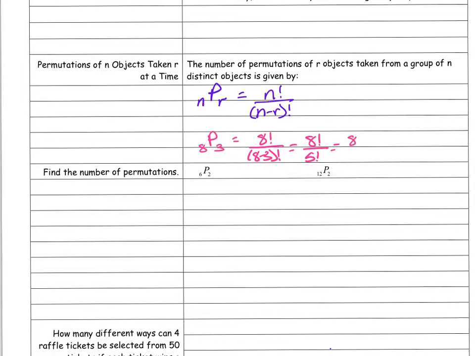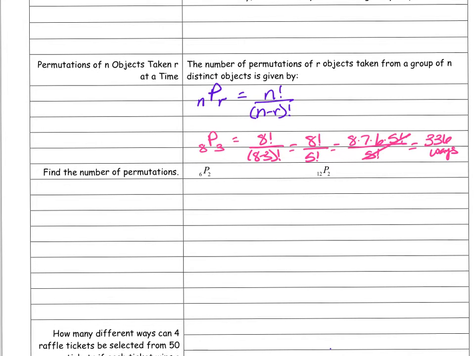So I get 8 times 7 times 6 times 5 factorial over 5 factorial. And if you remember, last time we had 8 times 7 times 6, which is 336 ways. Okay, so that was just an example.